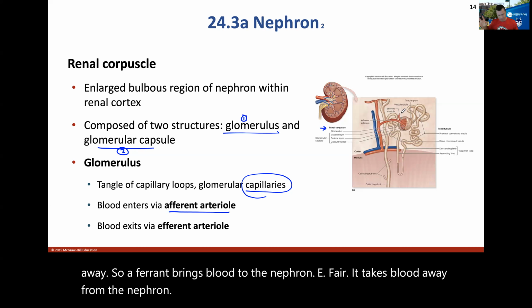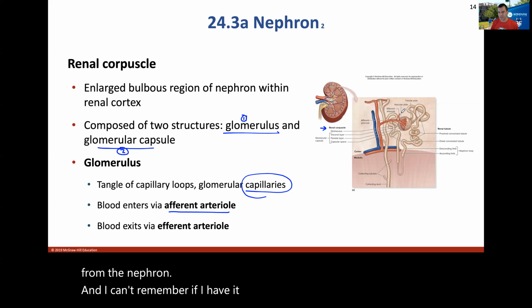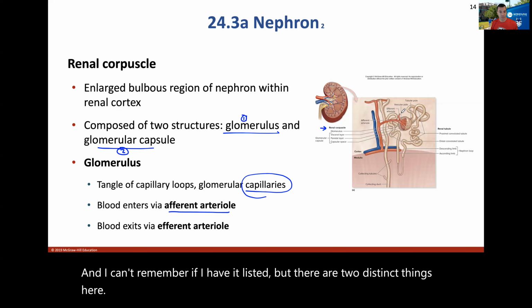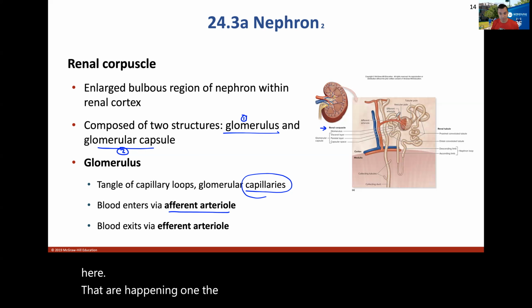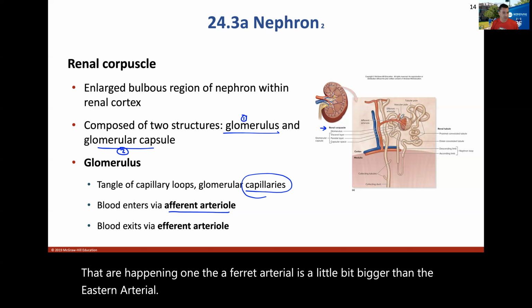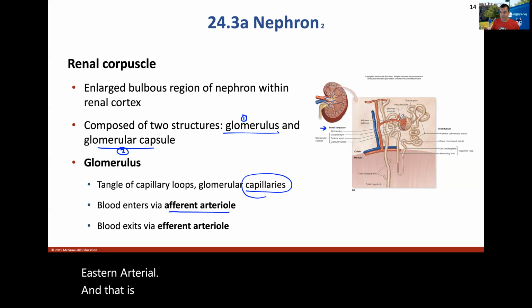And I can't remember if I have it listed, but there are two distinct things here that are happening. One, the afferent arteriole is a little bit bigger than the efferent arteriole, and that is significant, all right? Having that slightly smaller exit creates a pressure, right?